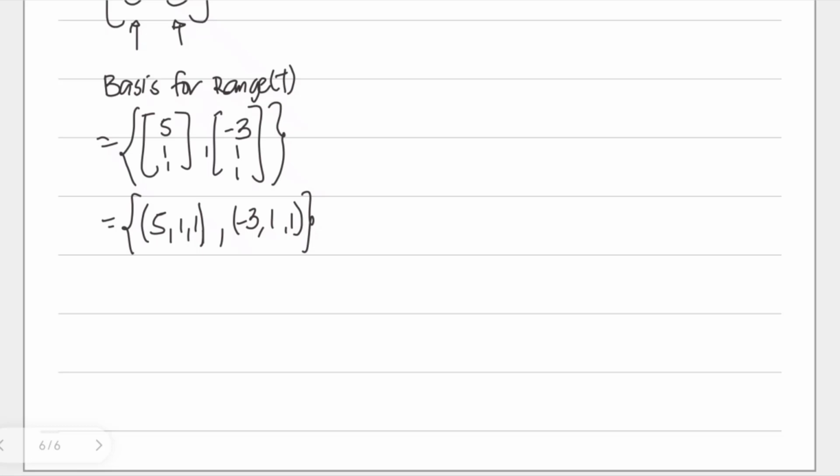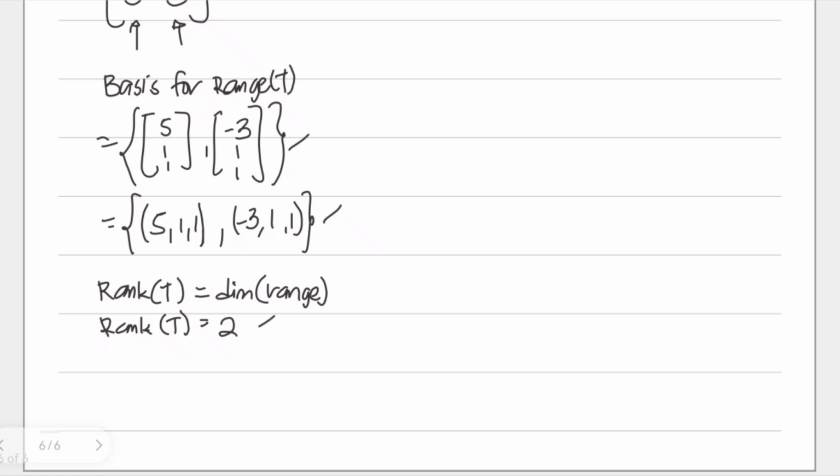This is our basis for the range of the first matrix. Now, the rank of T for this matrix is equal to the dimension of the basis of your range. In short, we simply look at the dimension of this basis. Since our basis contains two vectors, the rank is 2. Okay, that's how we solve the rank.